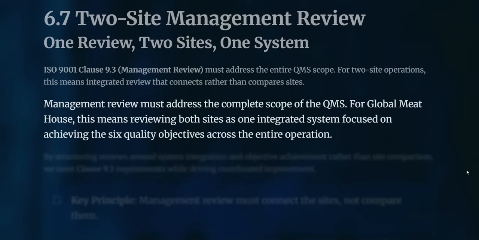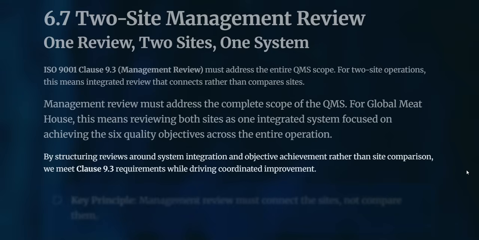Management review must address the complete scope of the quality management system. For Global Meat House, this means reviewing both sites as one integrated system focused on achieving the six quality objectives across the entire operations.